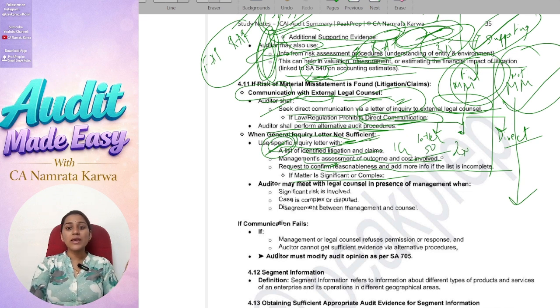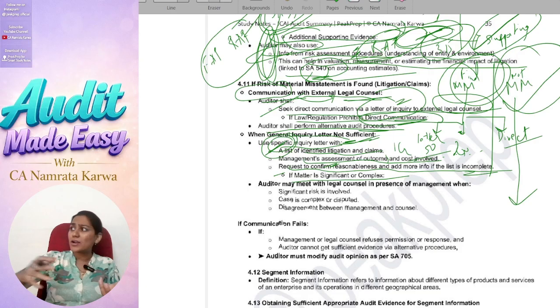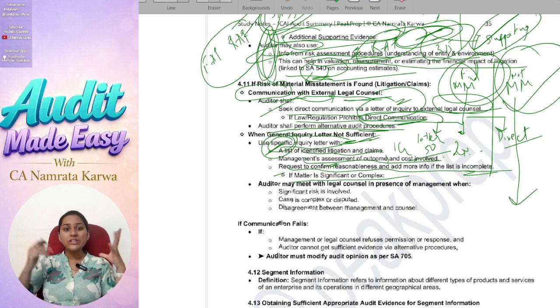So there is a list of litigation and claims, and you need to list everything out. Then request to confirm reasonableness and add more information if the list is incomplete. You also need to check whether there are only these three parties or many. You just need to reconfirm it.